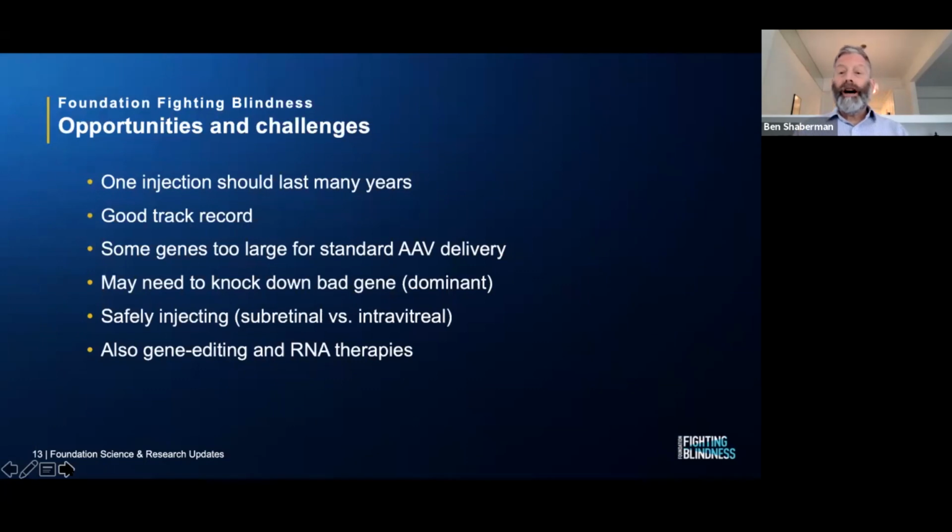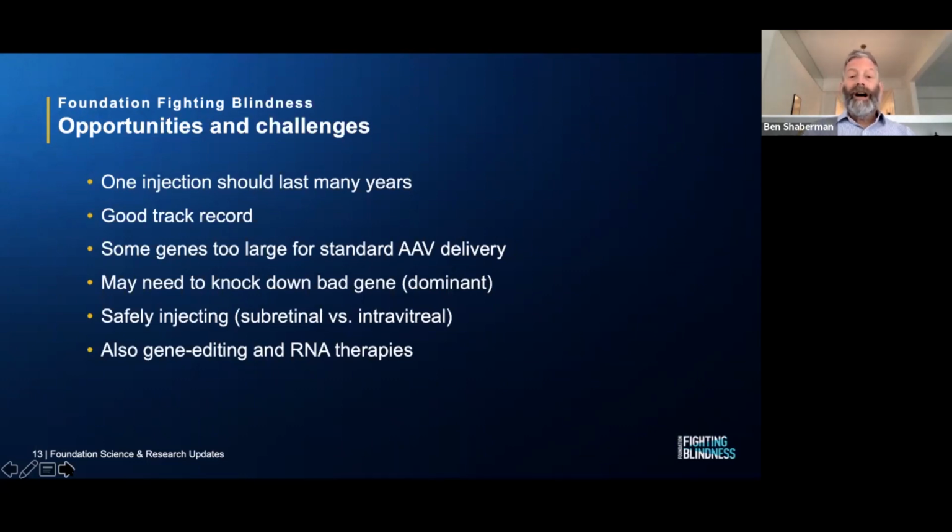So to finish off our discussion of gene therapy, I just wanted to talk about some opportunities and advantages of gene therapy and also some challenges that still remain. As I've indicated in some of the earlier slides, one great thing about gene therapy is a single injection should last many years for many of these approaches, perhaps the lifetime of the patient.